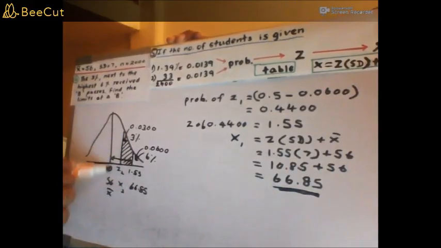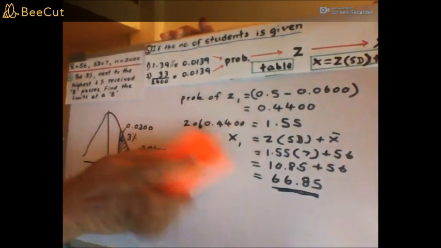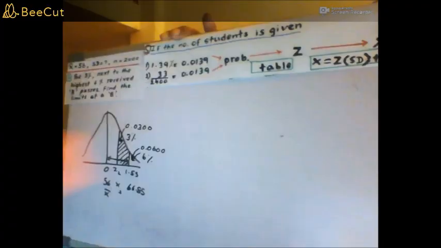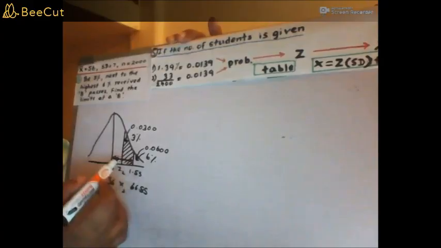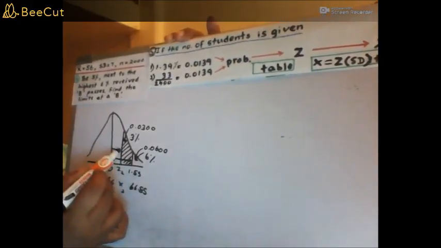Now we have to find X2, right? Similarly, we'll calculate this one. I'll erase this. Okay. All these things I have done, and you can get photos of them. Now we have to find this probability.